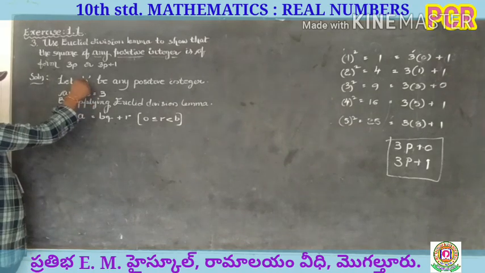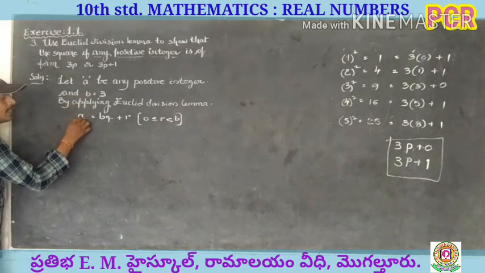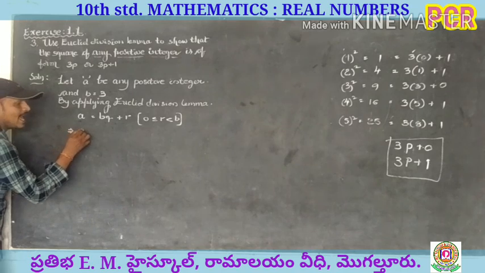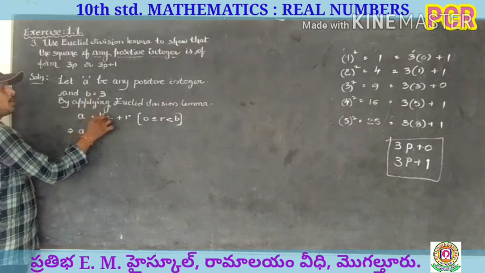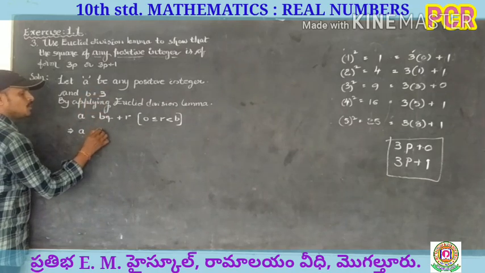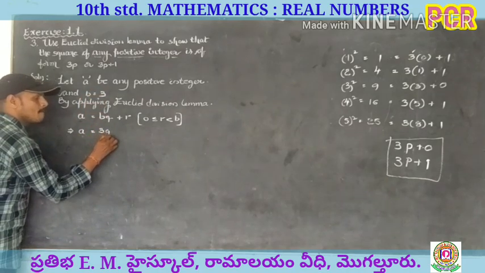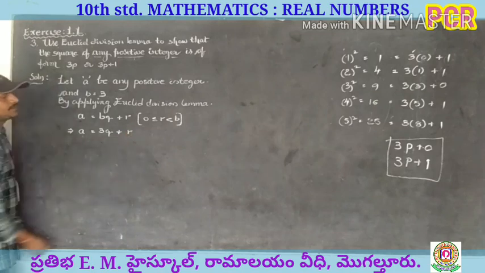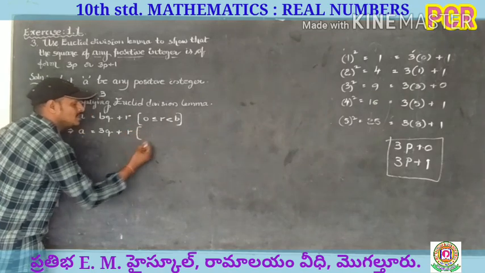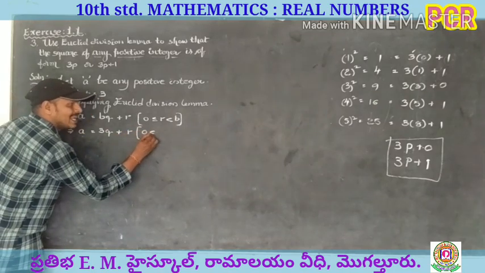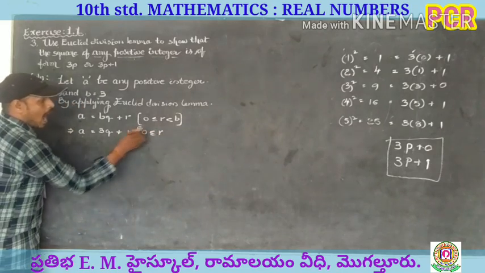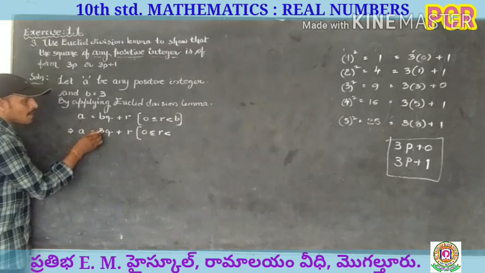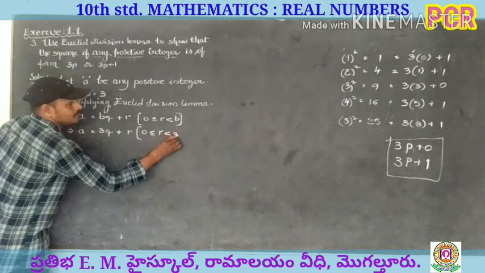Now just substitute b: a is equal to 3q plus r, where 0 is less than or equal to r and r is less than b, which means 3.